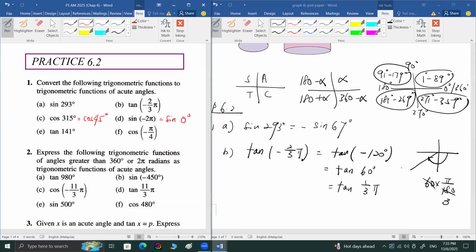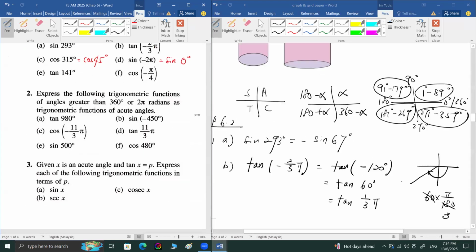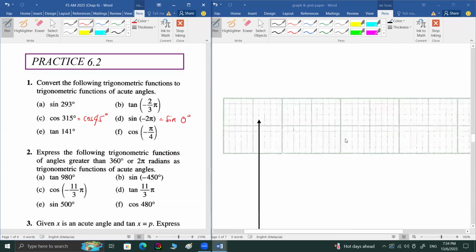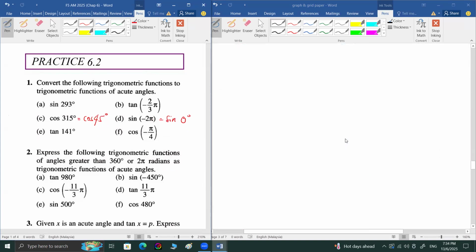Any help? 2 pi is 360. Remember the graph that I taught you how to draw, for the sine one, sine, cosine, tangent?